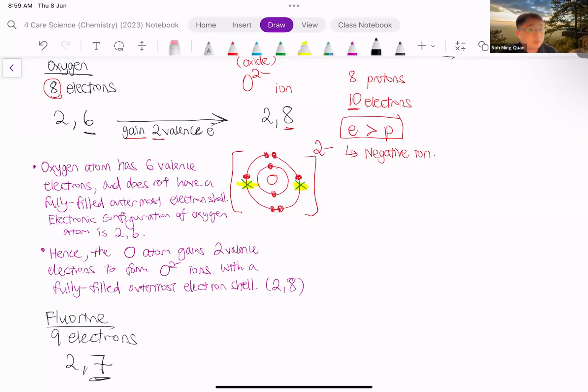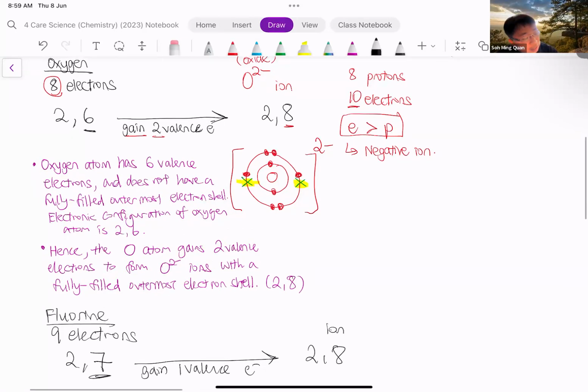All right. So what will the atom do? The atom, in order to achieve a fully filled outermost electron shell, has to gain 1 valence electron. So it becomes 2, 8. So you realize that fluorine, when it gains that valence electron, it becomes 2, 8, just like the oxide ion, right? So this is the F minus ion.